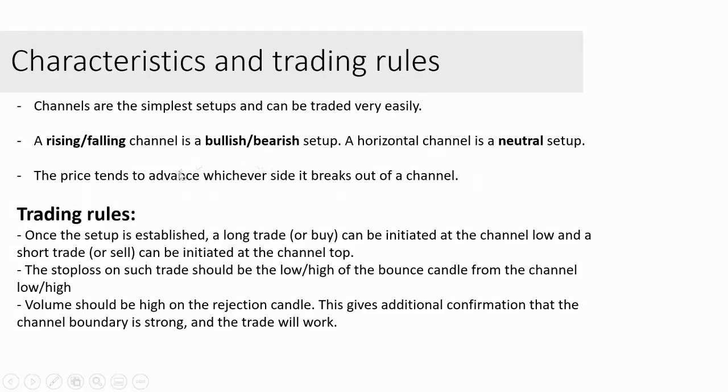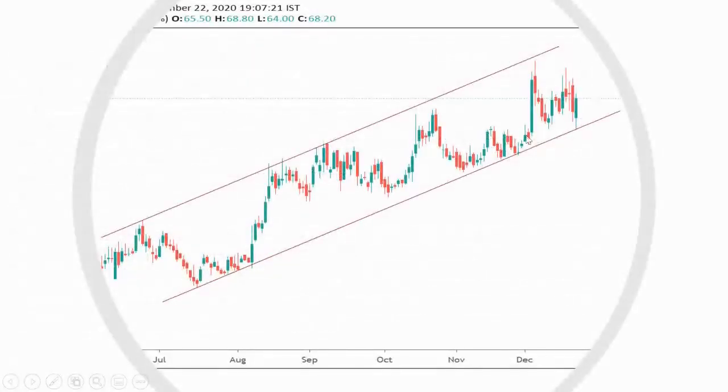A thumb rule is, even if you are not able to figure out where the price will break, you can just keep trading inside the channel and then take the necessary steps whichever side the channel breaks. So for example, again in this setup, suppose price falls down here, then you know that the setup is now gone.